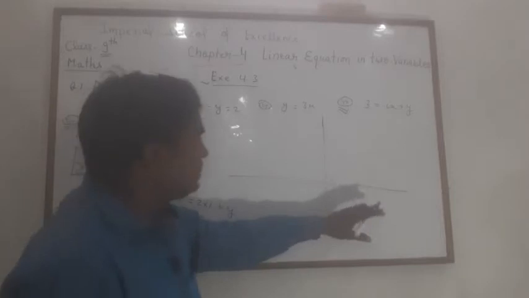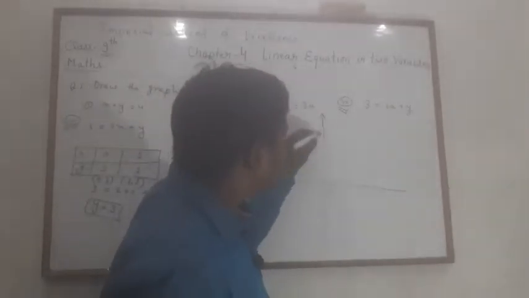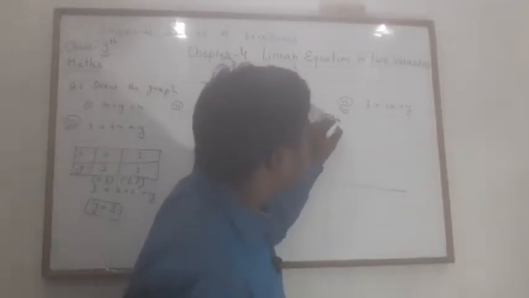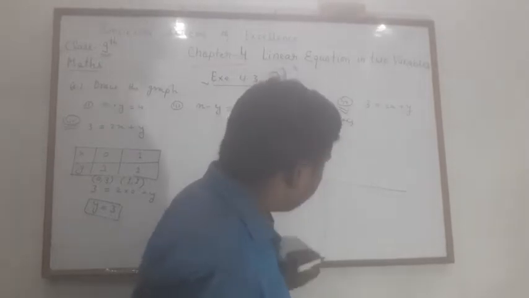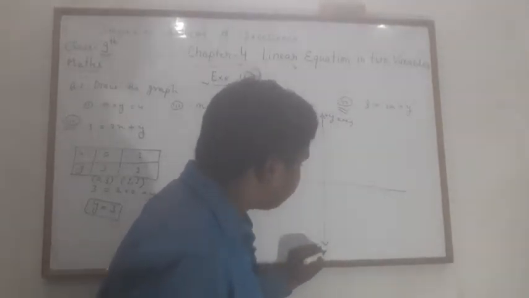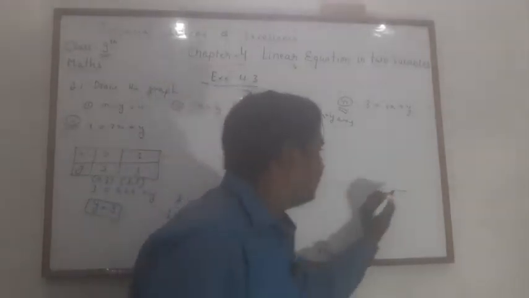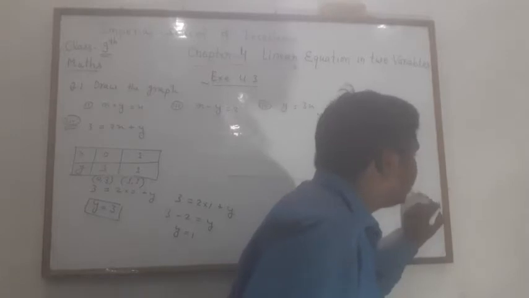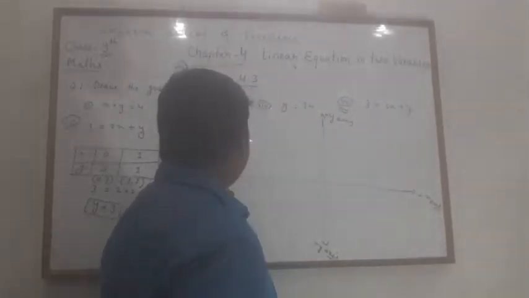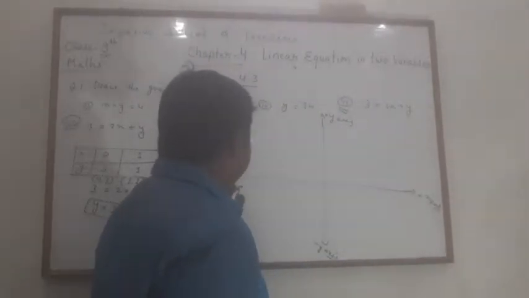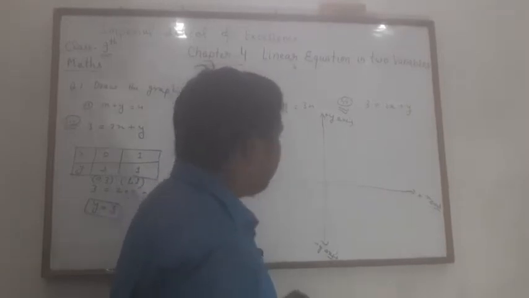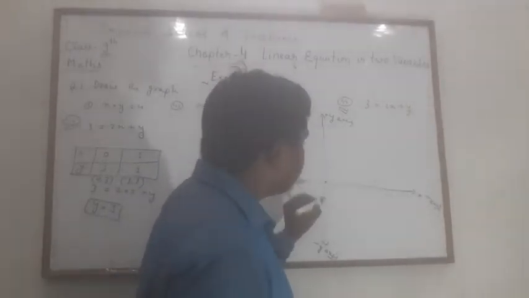So let's draw two axes. This is the y axis, positive y axis, and this is negative y axis. Okay, on your graph sheet you will draw this, and this is the positive x axis and this is the negative x axis. Okay, and this is the origin 0, 0.